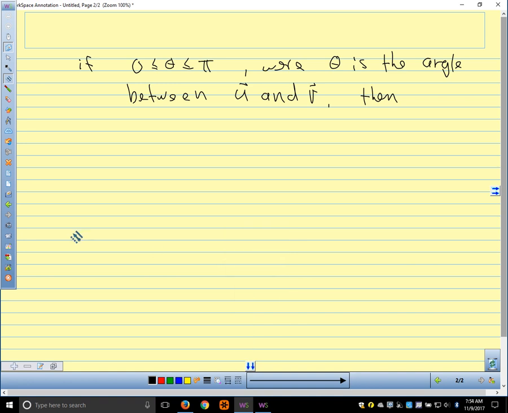We just have two vectors like so, and theta is the angle between them, where they intersect.